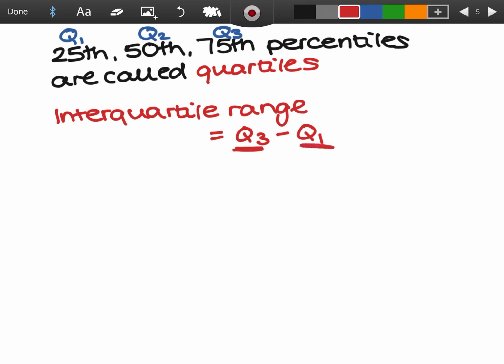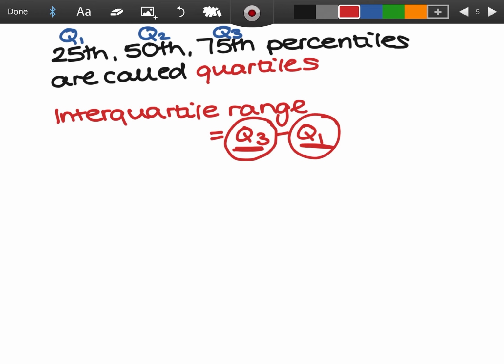So it's my data point at the 75th percentile minus the data point at my 25th percentile. That's the interquartile range. If you think about it, this data point is at my 75th percentile. This data point is at my 25th percentile. Between my 25th and 75th percentiles, I have 50% of my data.